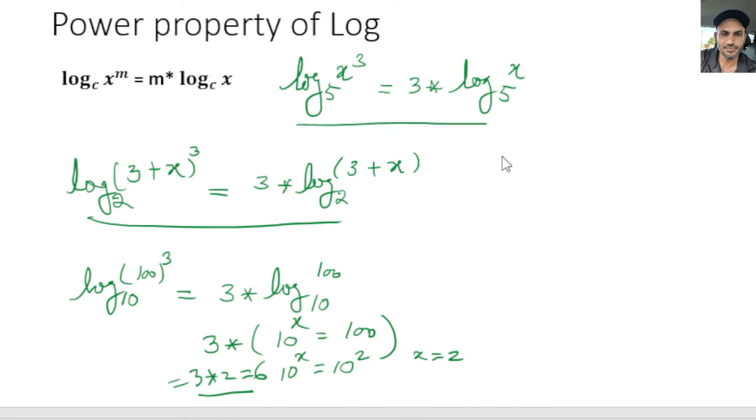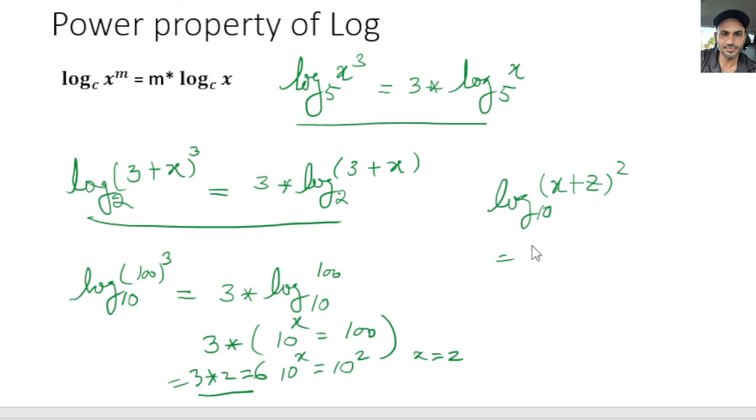Let me do another example. We have log of x plus z to the second power with base 10, and we want to use the power property of log.